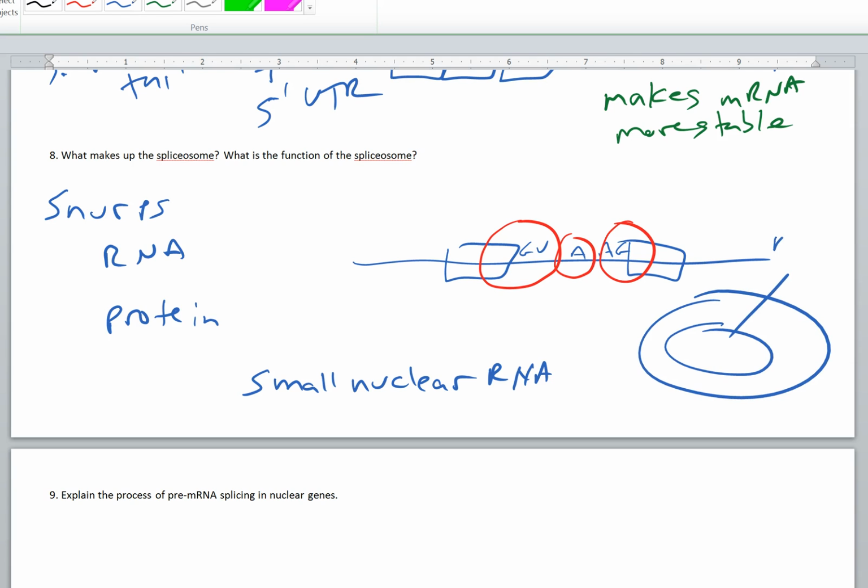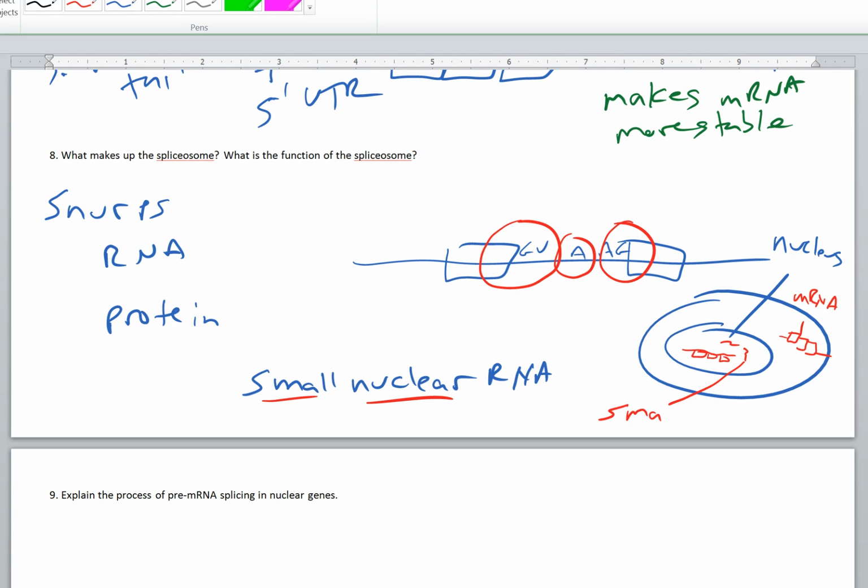So here's a nucleus. mRNA gets made, and it has to get spliced, but eventually the mRNA makes it to the cytoplasm, where it's going to get translated. But the RNAs that are involved in SNRPs are these small RNAs that don't go out of the nucleus, and they're called small nuclear RNA.